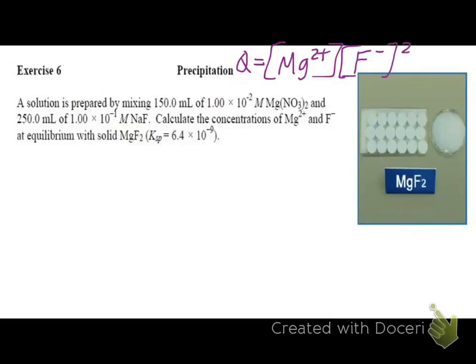All right, so first we're going to determine if a precipitate forms. So first, I'm going to say check. I'm going to do that for precipitate. Okay, so let's do our magnesium concentration. I'm having some trouble with the pen today.